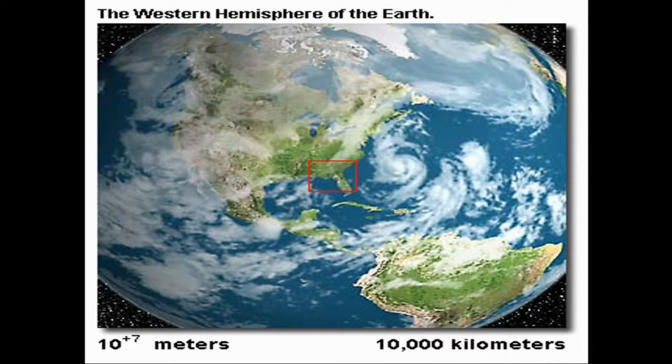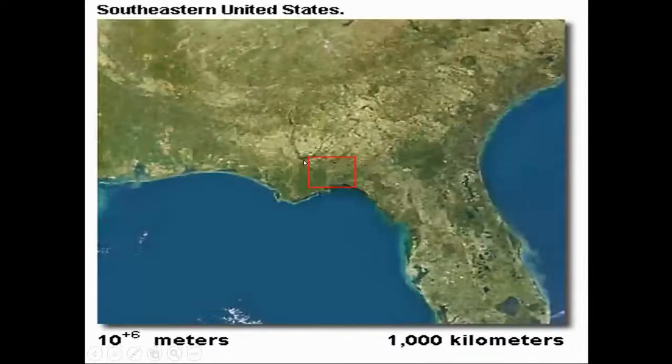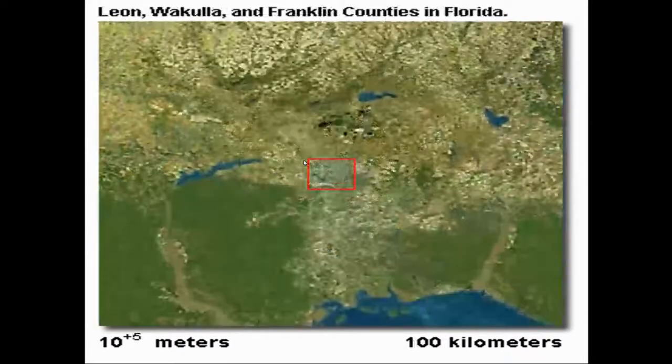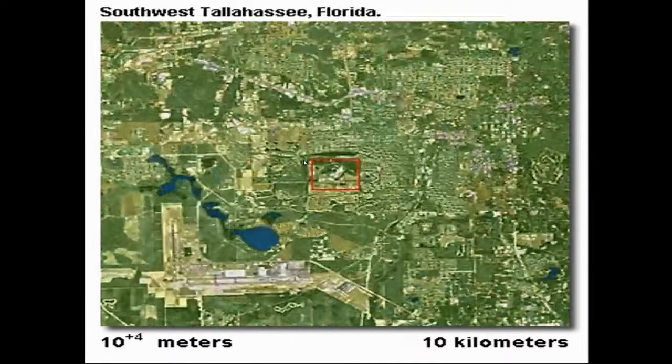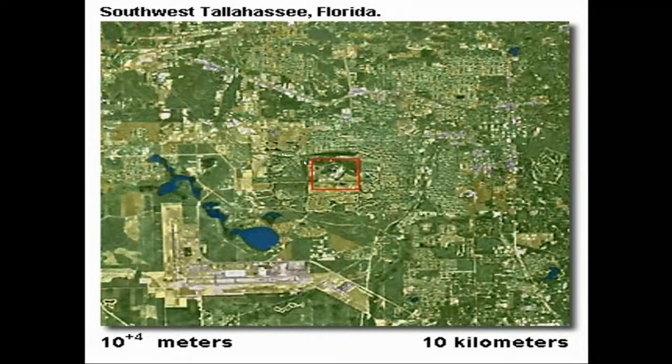Now if you look at the square, this is basically the southeastern United States. You dive in more, and now you are in Florida. And at 10 kilometers, it's like the size of a city. That's Tallahassee in Florida. It's a city.